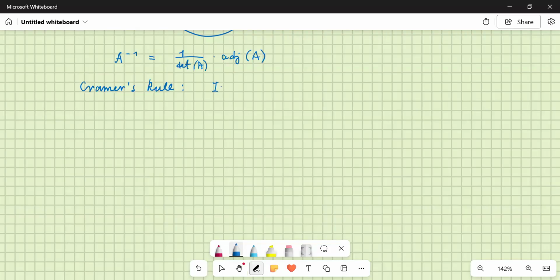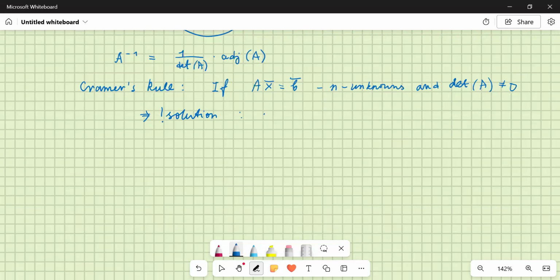So if AX equals B is a non-homogeneous system of equations which has n unknowns, and determinant of A is not equal to 0, then it has a solution, and I'm going to put an exclamation mark to say a unique solution. This system is going to have only one solution.